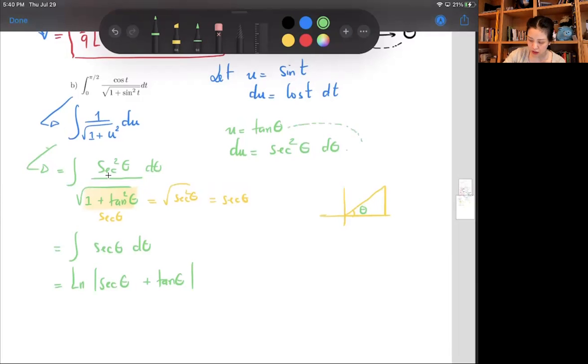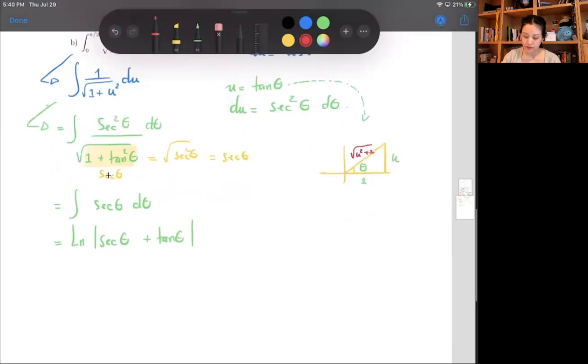Tangent is opposite over adjacent, so the opposite side will be u, and the adjacent will be 1, u over 1. The hypotenuse will be the square root of u squared plus 1.